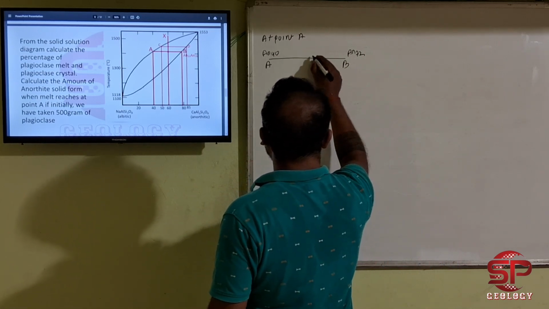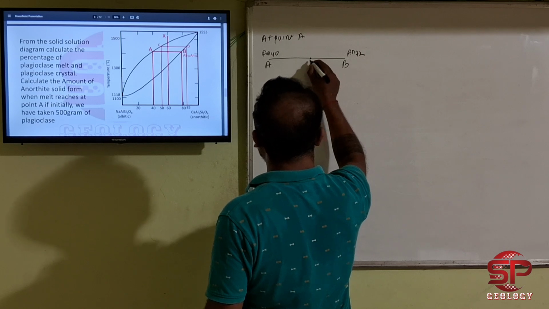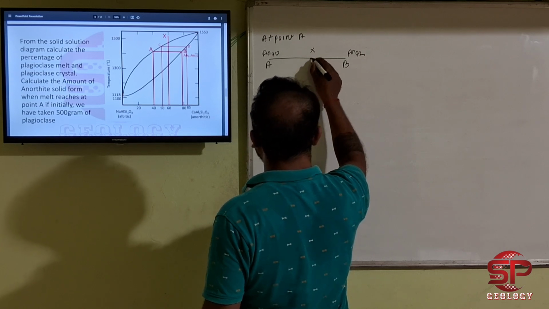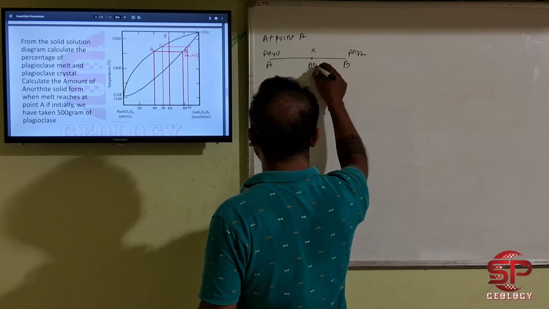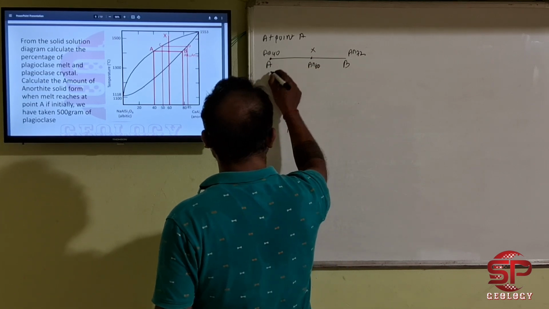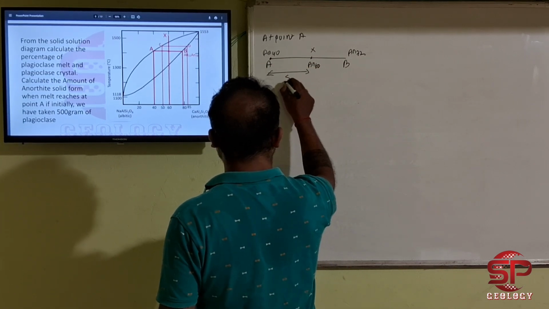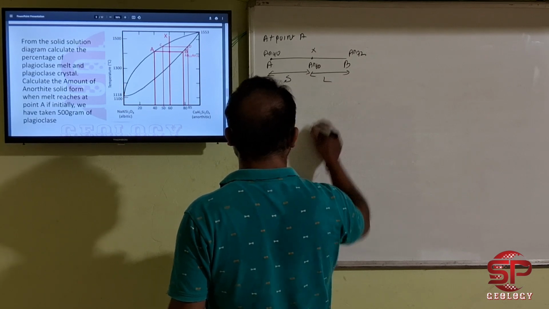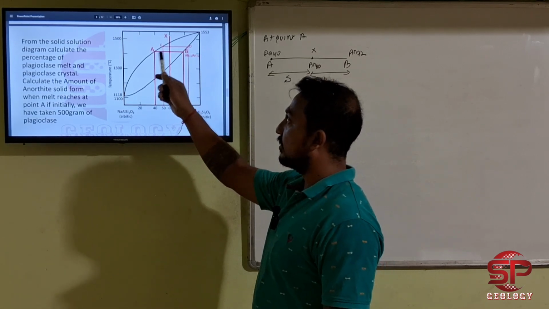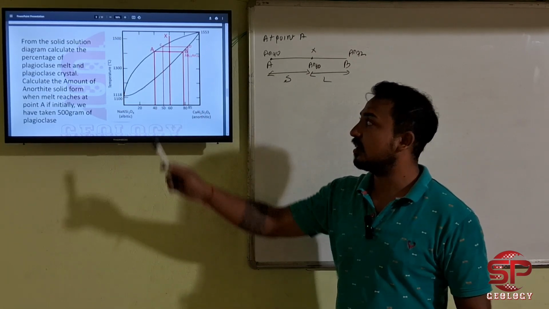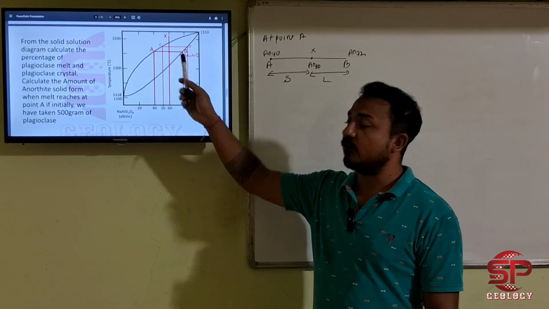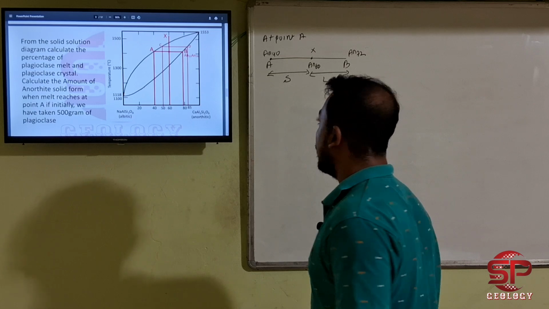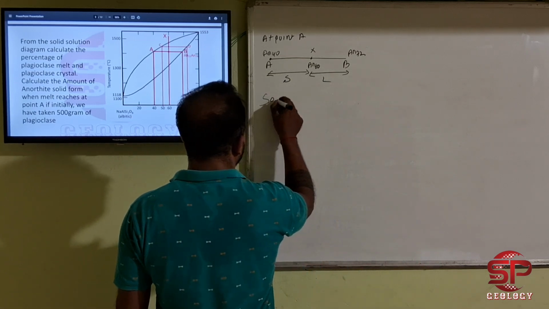So you have to calculate at point X, the initial composition, which is anorthite 60. This segment is our solid segment and this segment is our liquid segment, because the segment that touches the liquidus is the solid segment, and the segment that touches the solidus is the liquid segment. First I have to calculate the solid percentage here.